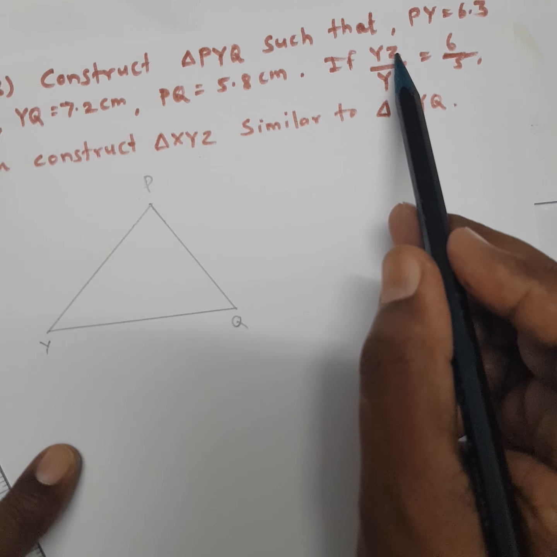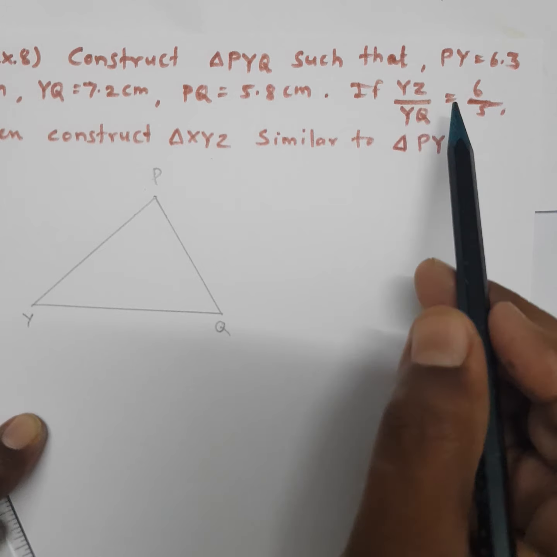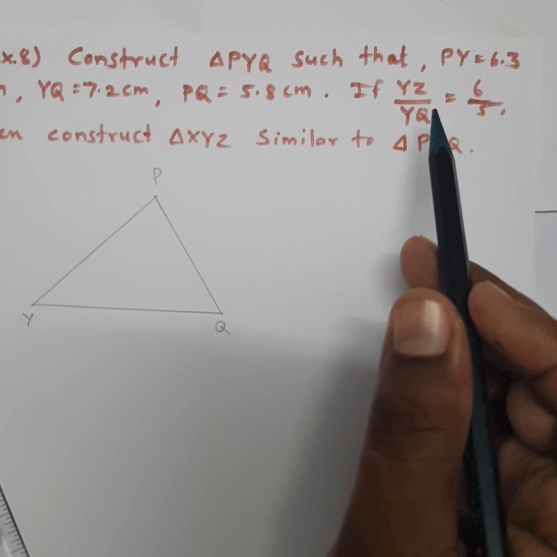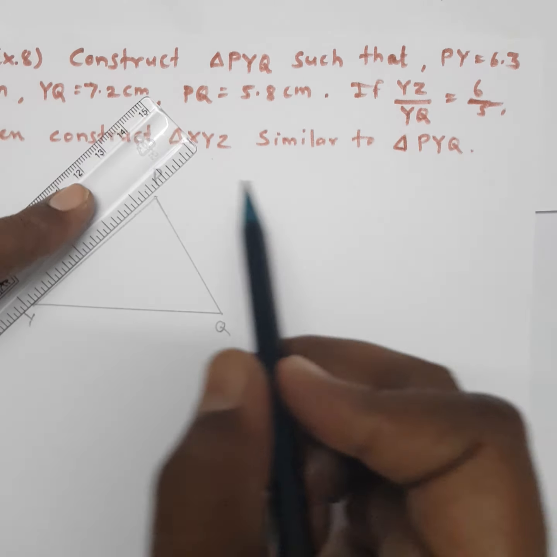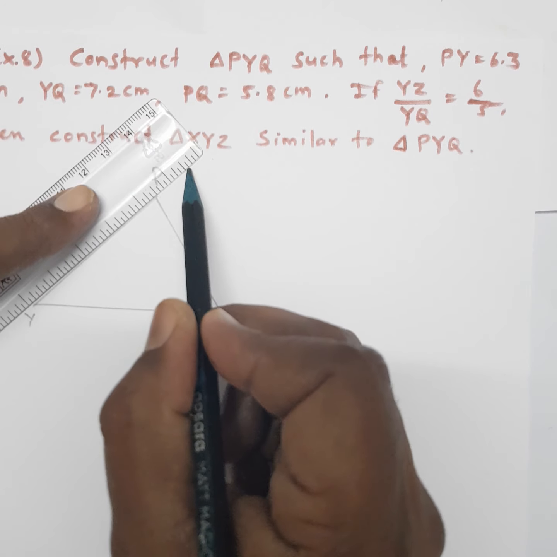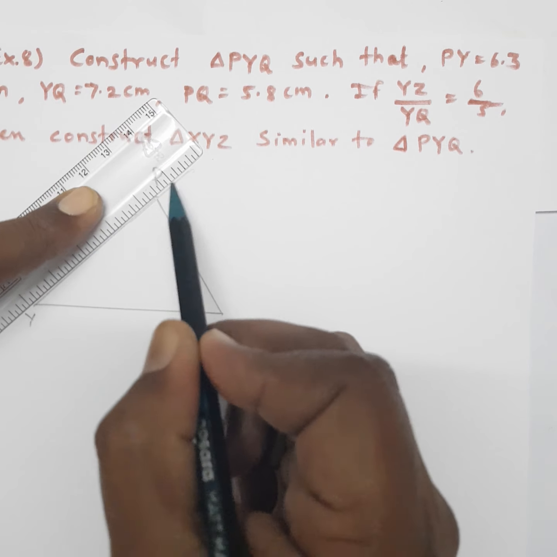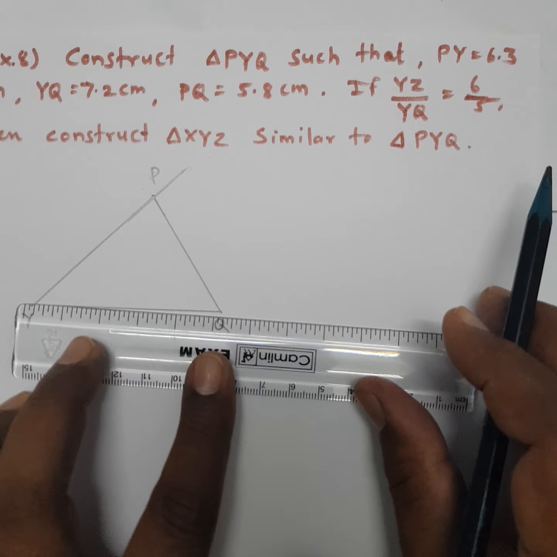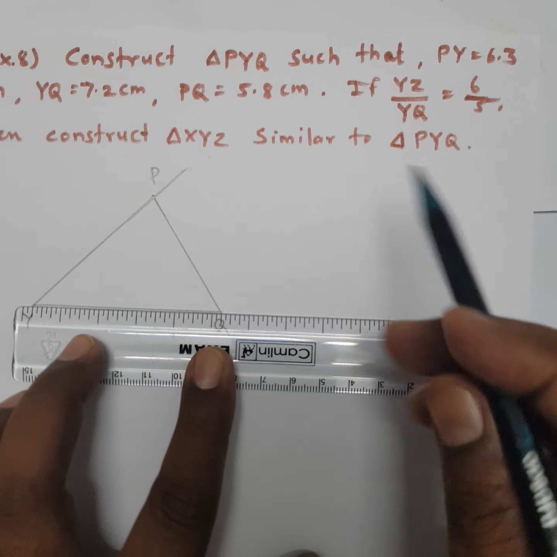and sides of triangle XYZ, that is corresponding side YZ, is greater than YQ. Means triangle XYZ is larger triangle. Ratio is 6:5. So here we will draw the triangle XYZ.